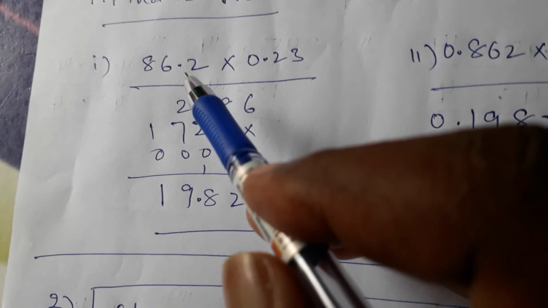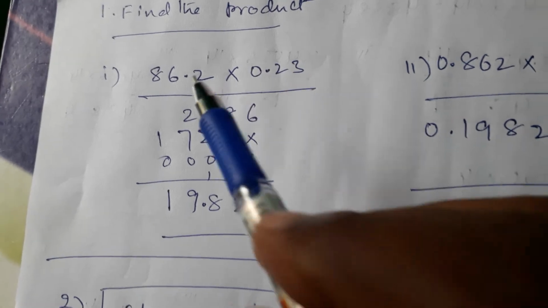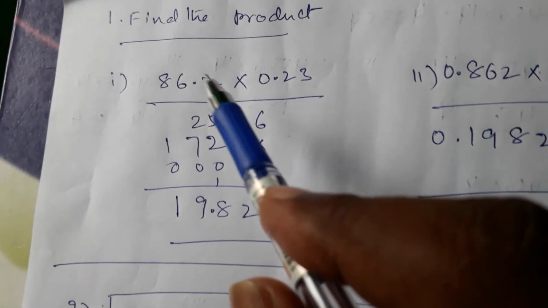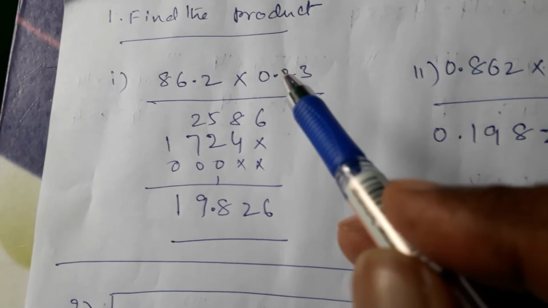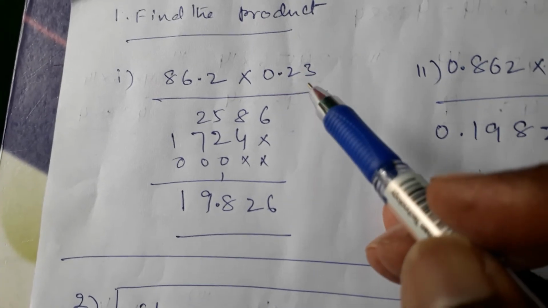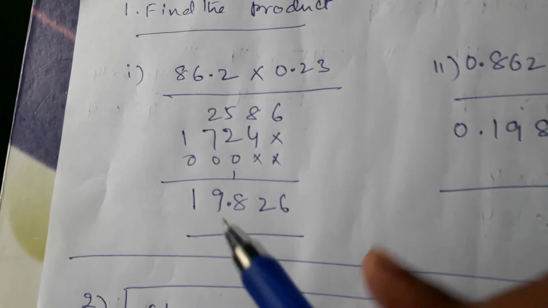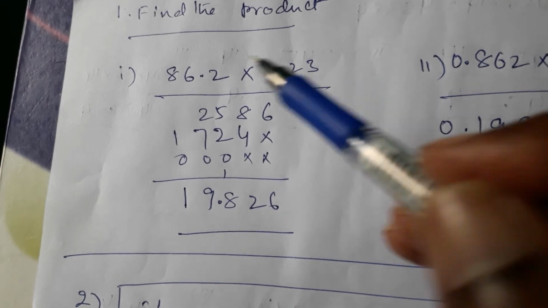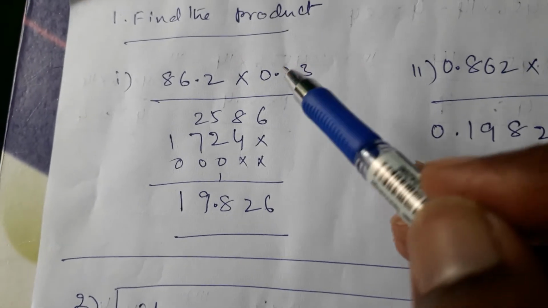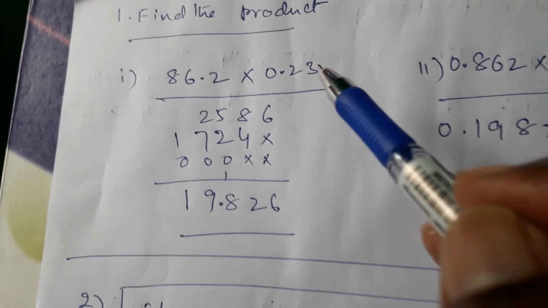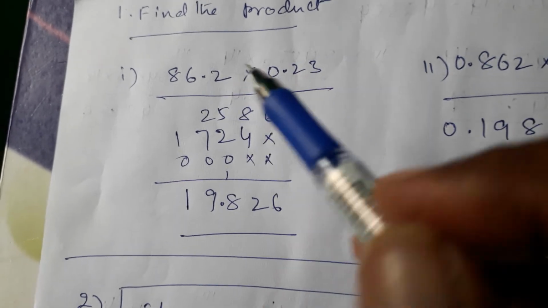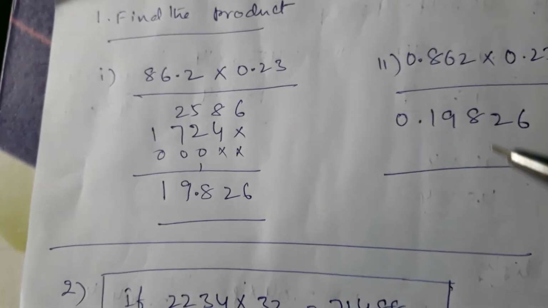Before 1 digit here and before 2 digits, total before 3 digits; count before 1 digit here and before 2 digits, total how many? 2 plus 1, total before 3 digits you have to place the decimal. You have to count total decimals: 1, 2 and 3. Here before 2 digits and before 1 digit, total how many? Before 3 digits. Like that you have to place.